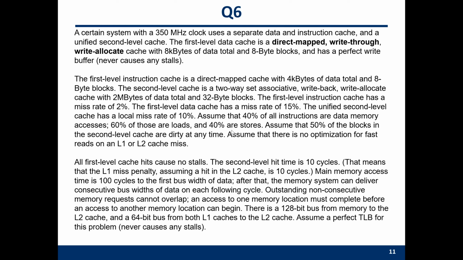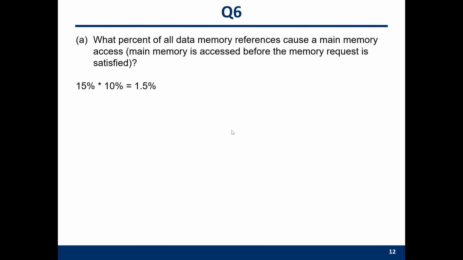So how to compute that? The question is about the data memory access. So we only care about this part, L1 data and L2, and then the main memory. The L1 data has a miss rate of 15%.